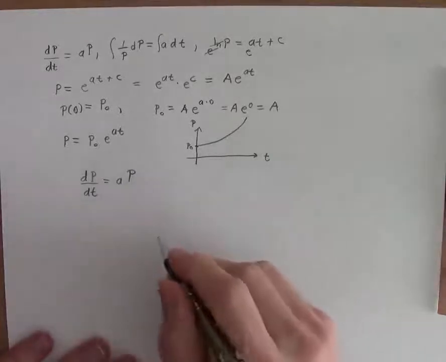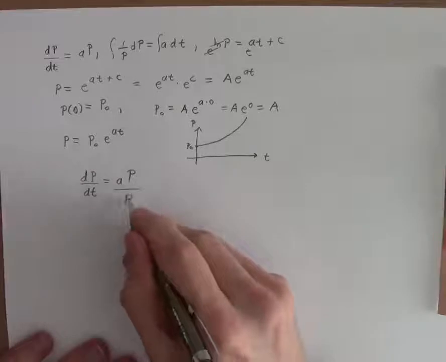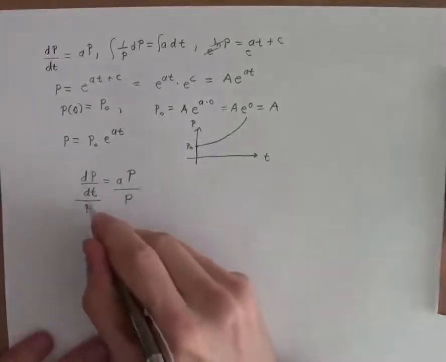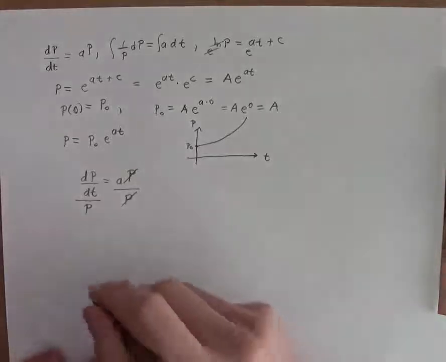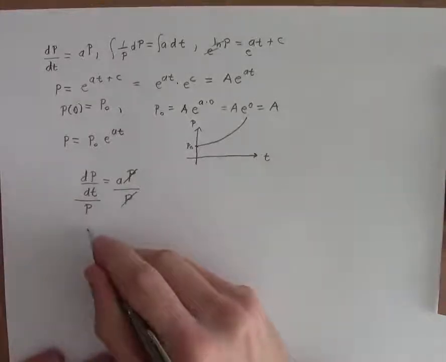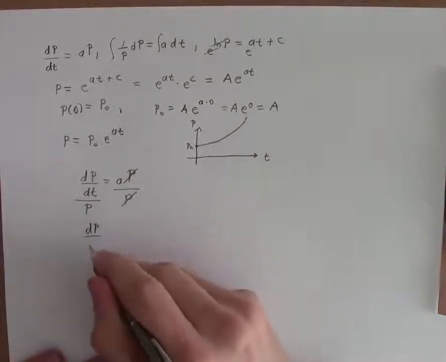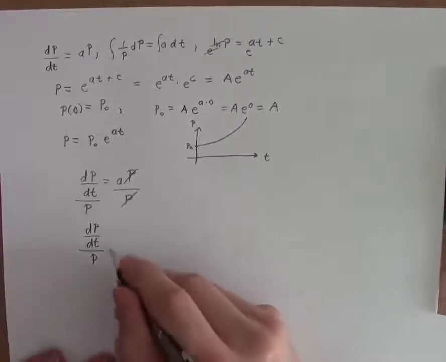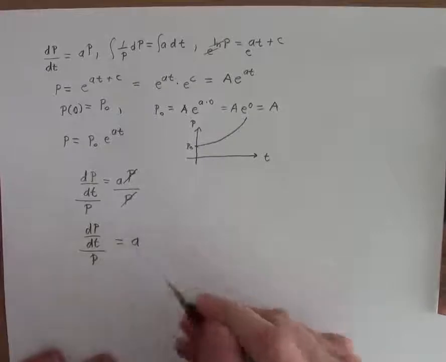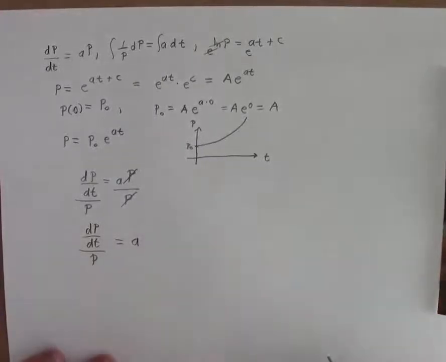Let's divide both sides of this equation by the population p. So we do that, then we reduce, and on the left side we have the rate of growth in the population divided by the population, and that's equal to a constant value of a.